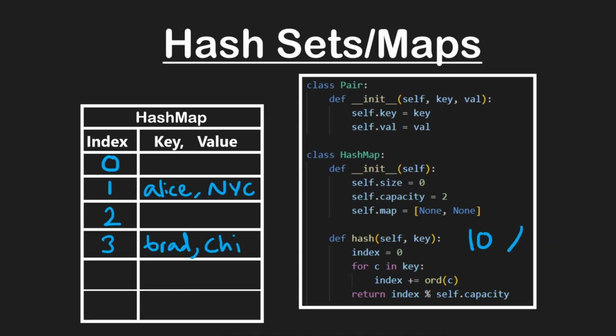If our index is actually not out of bounds, for example, maybe it's 1, we would mod that by 2, and we would still end up getting 1, which is still in bounds anyway. So if it's in bounds, that's okay. If it goes out of bounds, then we'll mod it to bring it within bounds. So by the time we return the integer for this hashing, it will be some index that is in bounds of our array. Now let's move on.